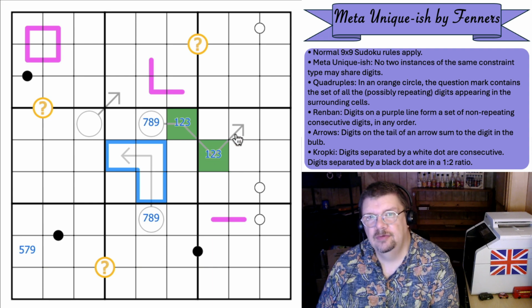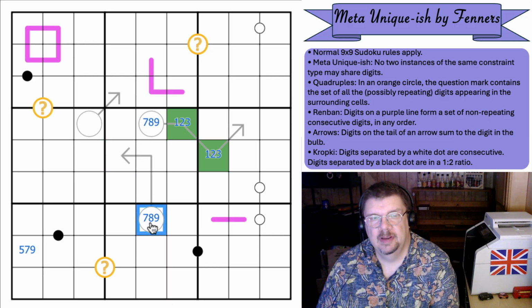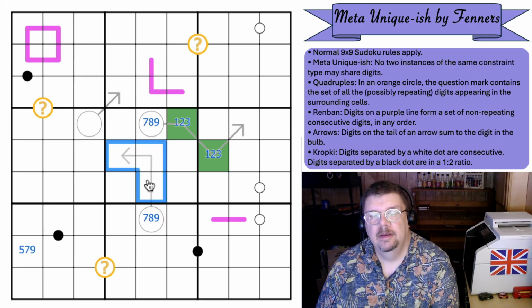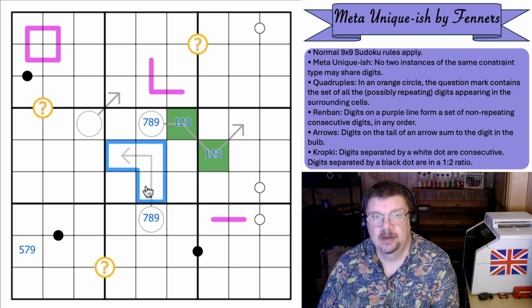If I put 3, 3, 2 here, then I can put a 1 on here. 3, 3, 2 would make 8, so this one would have to be the 9. But to make 9, I have 1, 2, 6, but I've already used a 2. I have 2, 3, 4, and I've used the 2 and the 3, and I have 1, 3, 5, and I've used the 3.